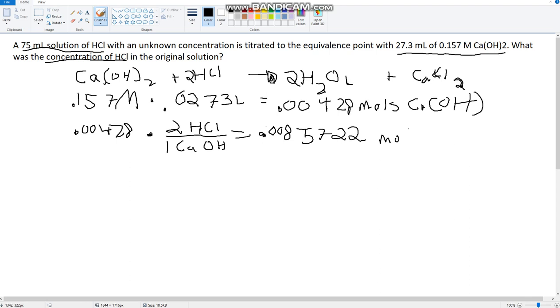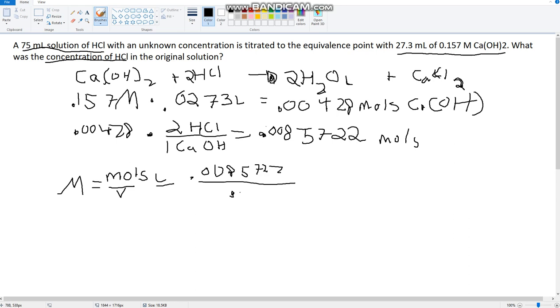And now we will use the given volume to find the molarity. Again, we have to make it in liters. So to find molarity, you have to do moles over volume, which will be 0.0085722, sorry about the writing, divided by 0.75 liters.